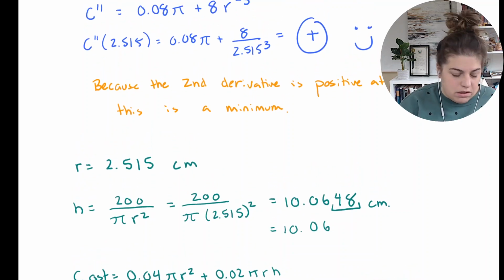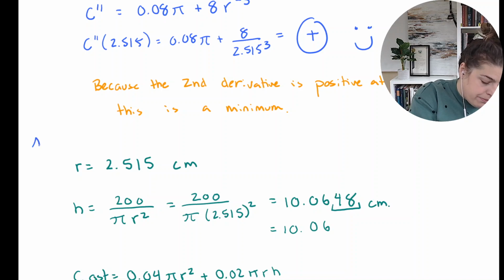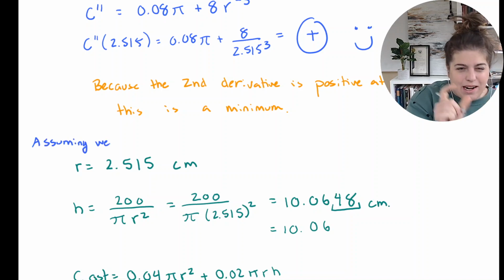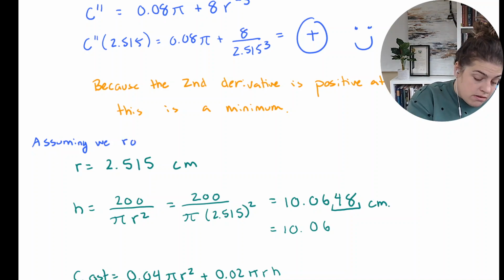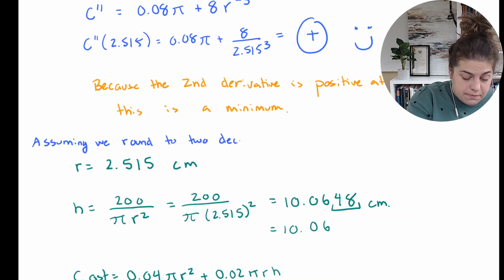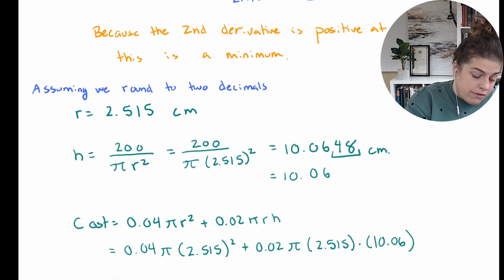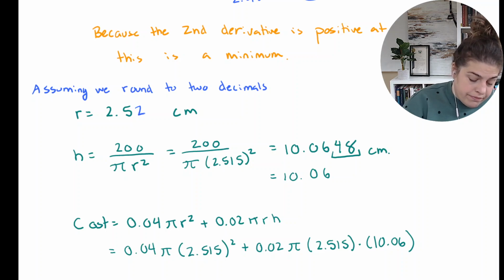So if this had told us to round to two decimal places, I just realized that I was inconsistent with my rounding of each. Round to two decimals. Then we're going to use for our radius 2.52.